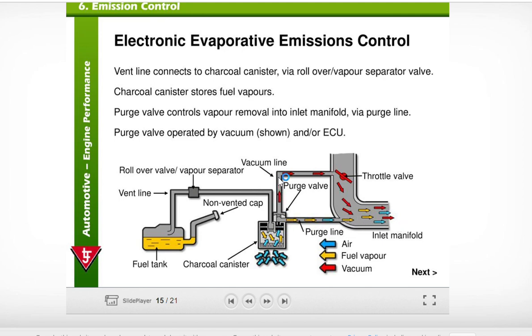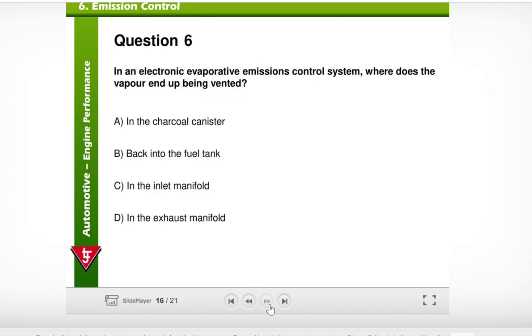So the vacuum line here is the one that is used to draw vacuum from the manifold to open the valve. So in the electronic evaporative emissions control system, where does the vapor end up being vented? Well, into the inlet manifold.